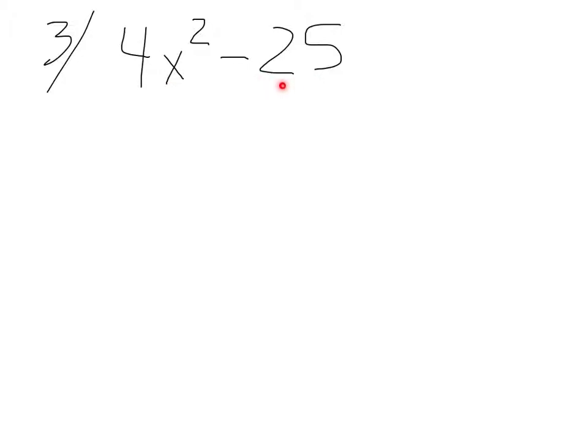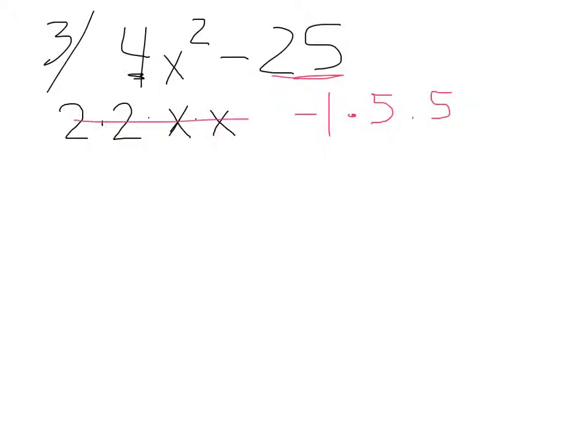This is different because it's a binomial. So can I factor something out? I don't know. So let's try it. All you need is factor the 4: 2 times 2, x times x. Now, negative 1. 25 is 5 times 5. Anything? No, so you got to let it go.